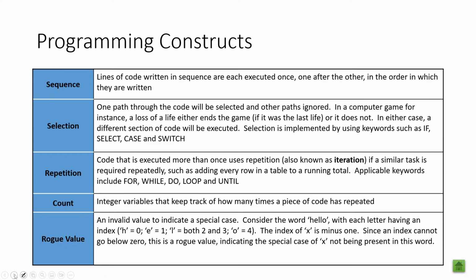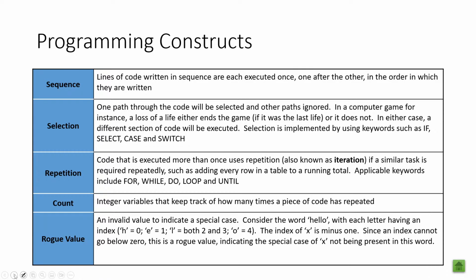Something that you're probably not used to is a count variable and a rogue value. A count variable is basically when we do for I equals 0 to whatever, and you say next I. So next I would be a count variable because it counts the index, it increments by 1 every time. Or a count could be, I don't know, the number of full buses that pass through the bus stop, right?